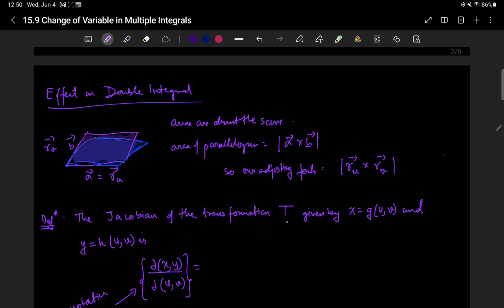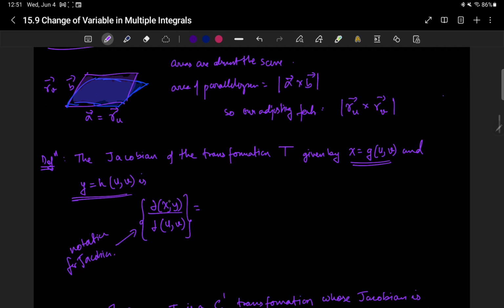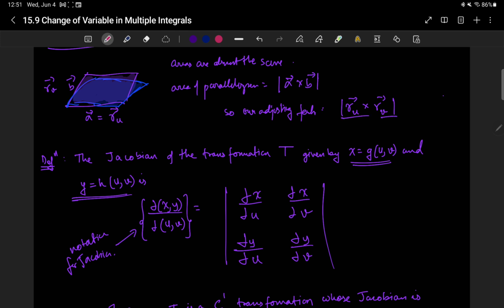So the Jacobian of the transformation T given by x equals g and y equals h is, this is the notation for the Jacobian, partial (x, y) over partial (u, v). And what it is: del x del u, del x del v, del y del u, and del y del v. So it is the determinant of this particular matrix. And this is obtained by taking the cross product of these. So you can consider this as an extra credit problem.